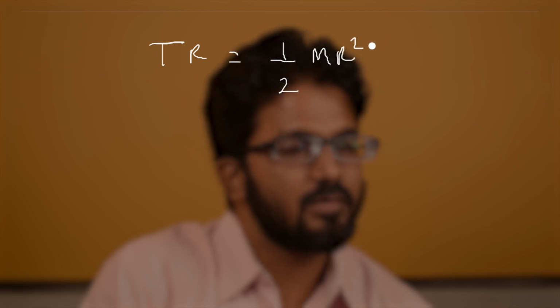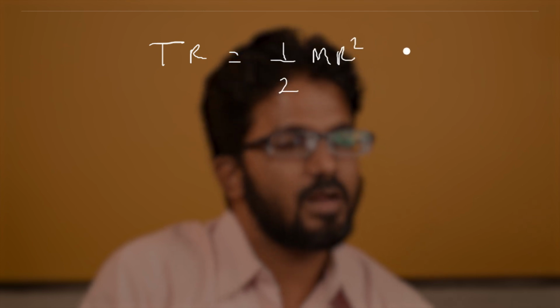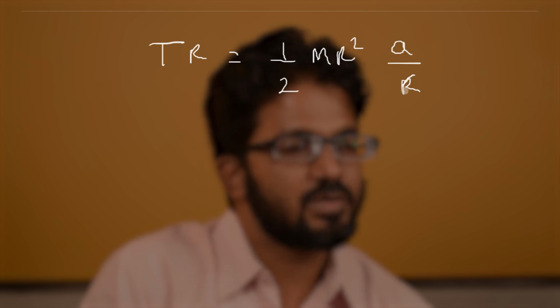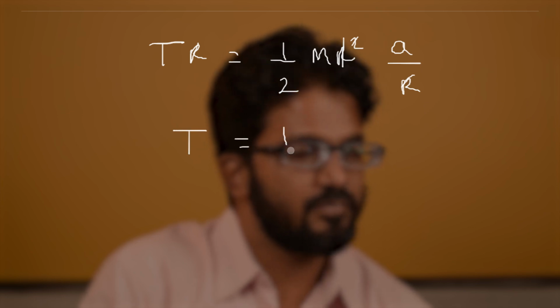So T times R is equal to half of mr², and alpha can be written as a tangential by R, which we can solve and cancel the R terms. So we have the tension equal to half of m times a. This is the second equation we are getting.